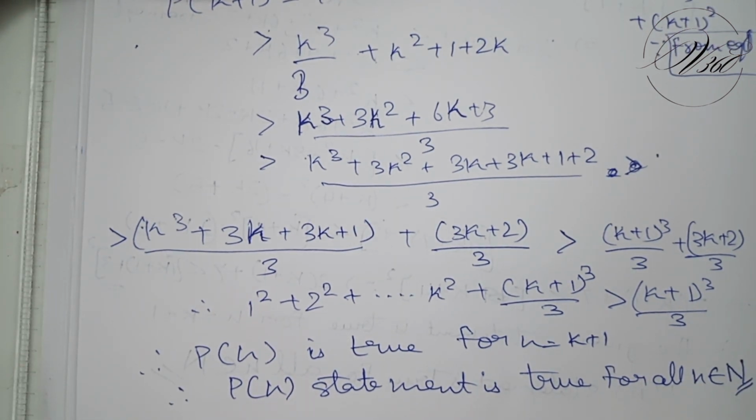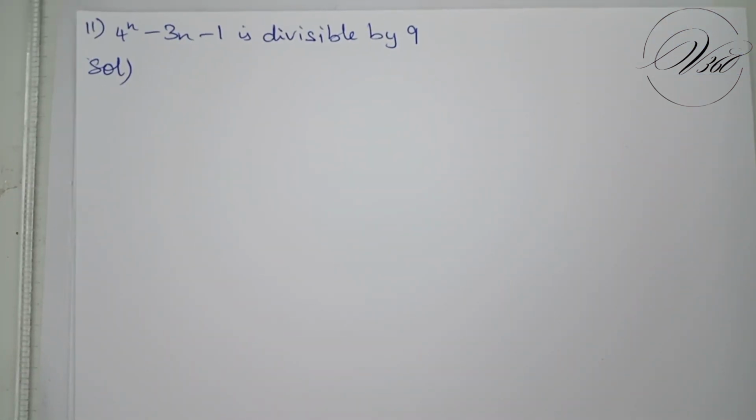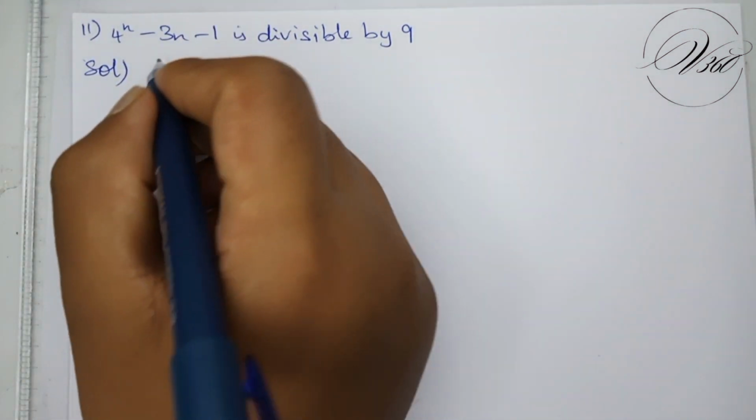Now we will go to the 11th question, that is 4 to the power n minus 3n minus 1 is divisible by 9. So we are going to solve this question.